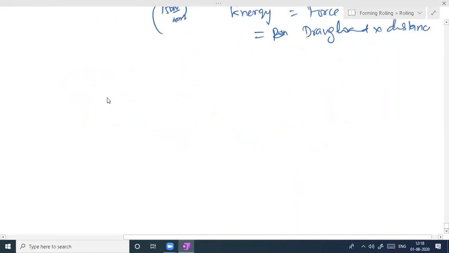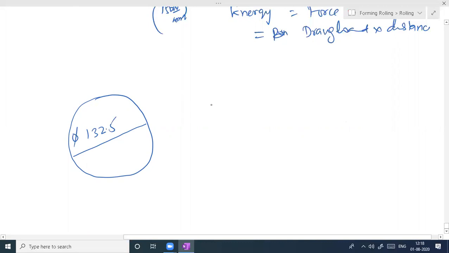So you have a cup, you have a blank, and that blank size is 132.5 diameter, and you are making a cup.